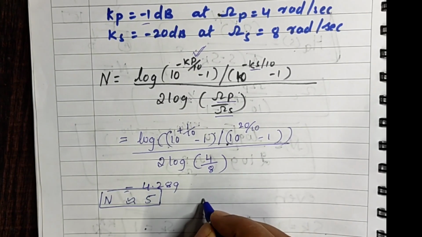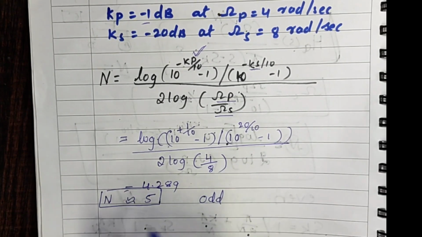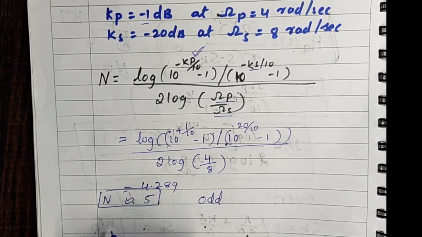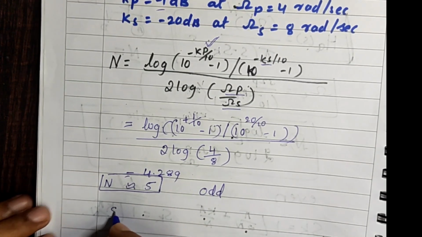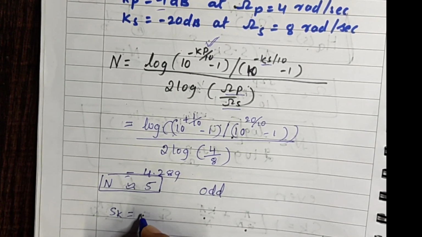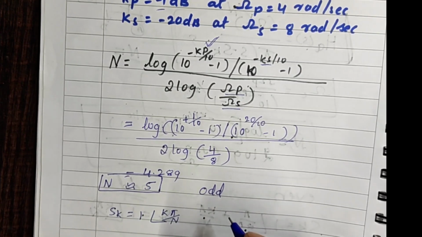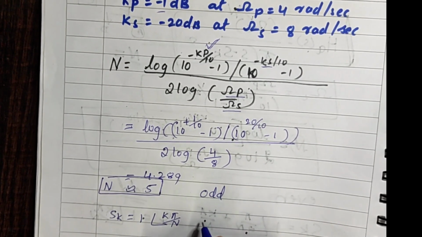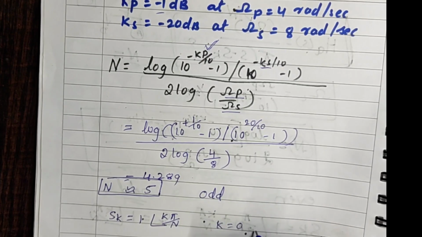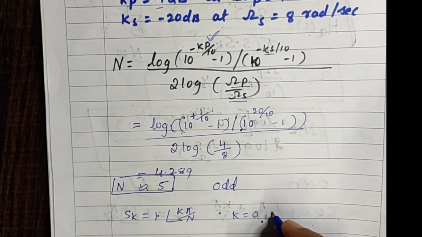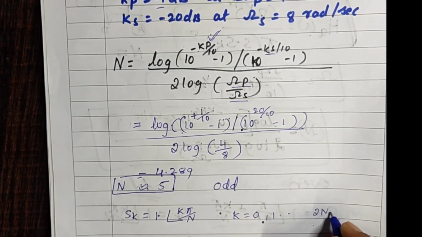Now, n is 5, it means it is odd. So when n is odd, poles can be calculated. Sk is equal to 1 at an angle k pi by n, where k is 0, 1, 2 up to 2n minus 1.